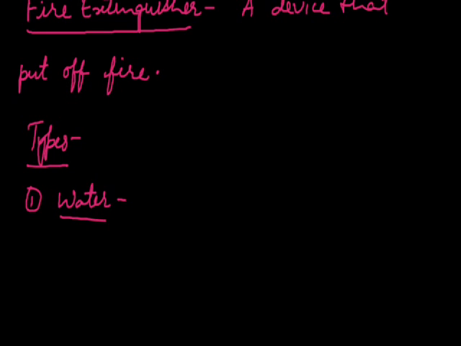So the principle behind the working of water on fire to extinguish it is water cuts off oxygen supply. So the substance under fire does not get oxygen and it extinguishes.